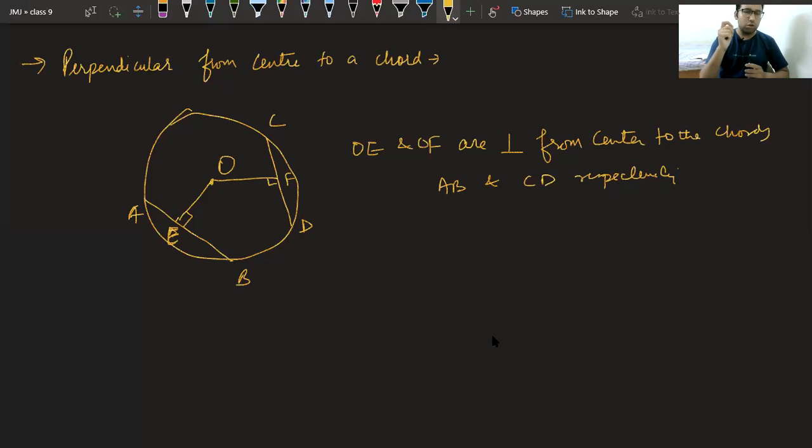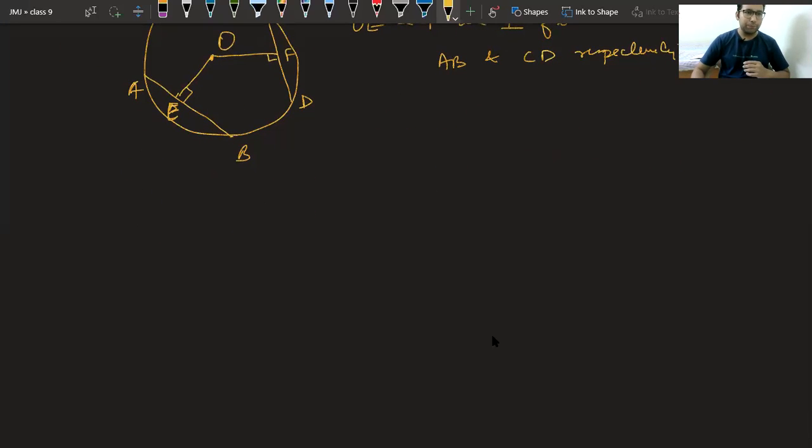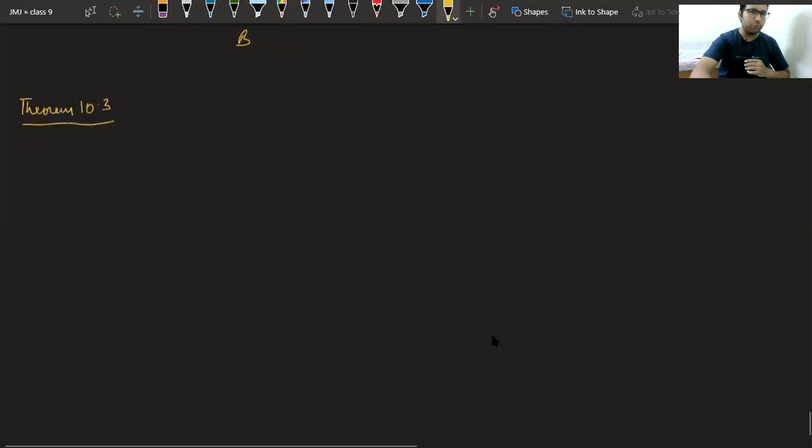Okay. So in this topic, we have learned what we mean by perpendicular from center on a chord. Now the next theorem is based on this only. The next theorem, 10.3, is very easy. Theorem 10.3. Class, you only will prove this thing. I will not prove it. I will just show you how to prove and you will answer.